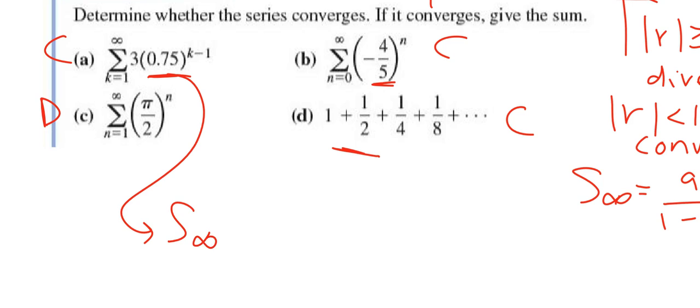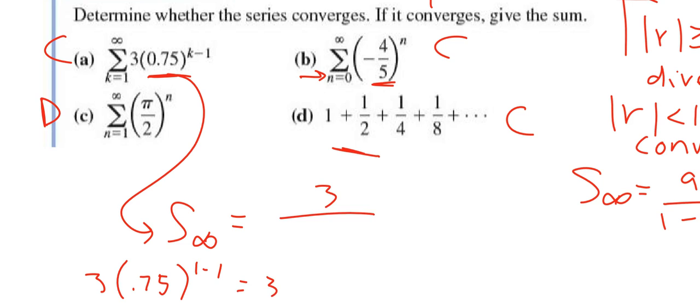So the sum of the infinite formula, first term. Well, how do I find the first term? Just plug in the number on the bottom and don't try to get tricked, because I can see that they're going to try to trick me right there on letter B. So if I plug in a 1, 3 times 0.75 to the 1 minus 1 does end up giving me 3. So now we know the first term is 3.